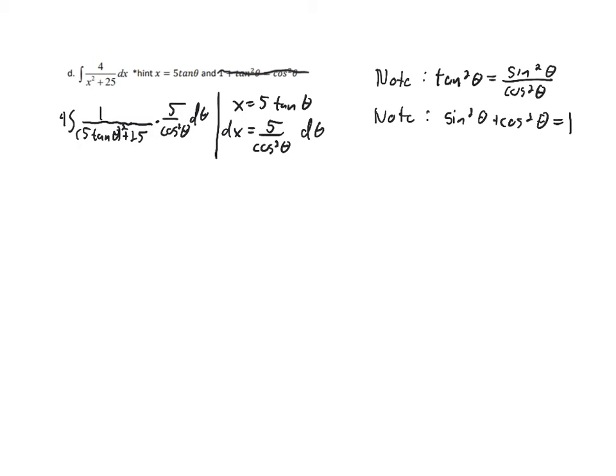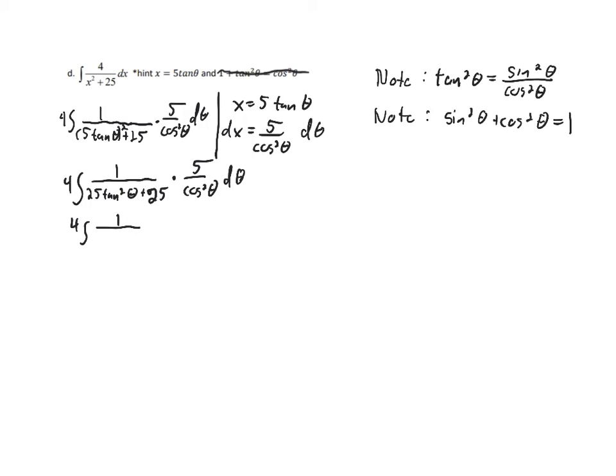If I simplify that out, we're going to have 4 times 1 over 25 tan squared theta plus 25, times 5 over cosine squared theta d theta. Notice how both of these have a 25. I could factor that out.